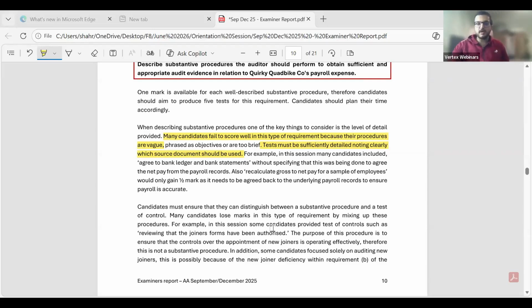Many candidates lose marks in this type of requirement by mixing procedures. Vague responses, untailored responses, generic answers are very common reasons why students struggle in substantive procedures. And if you struggle in substantive, your chances of passing the exam will become very, very low. Okay.